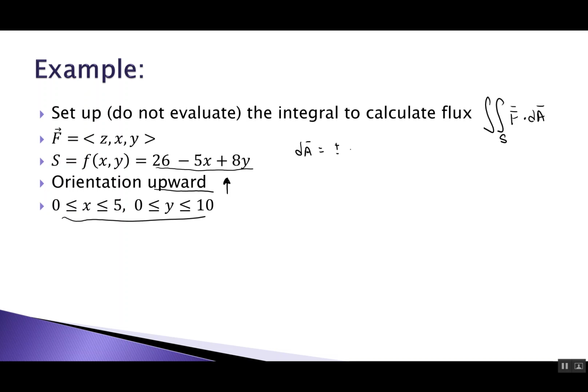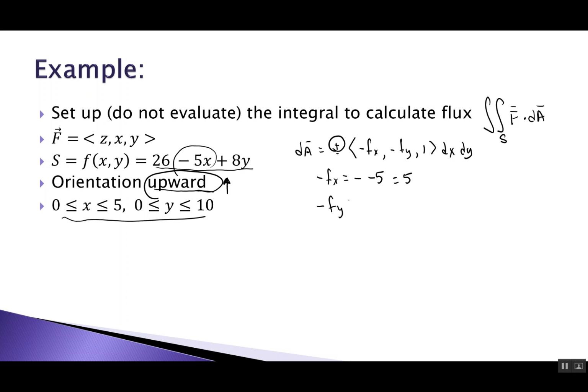It's going to be either plus or minus negative fx, negative fy, 1 dx dy. It's oriented upward, so I'm going to use the positive. My negative fx is negative 5.